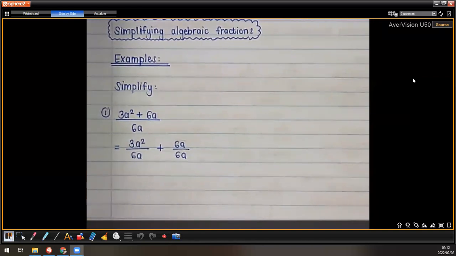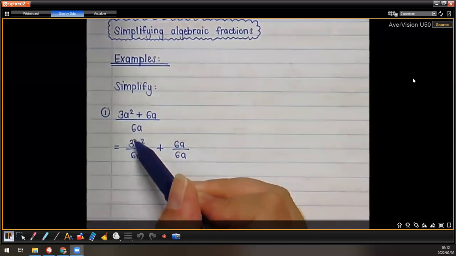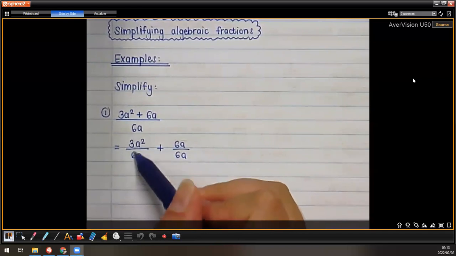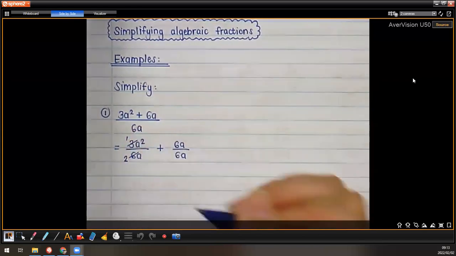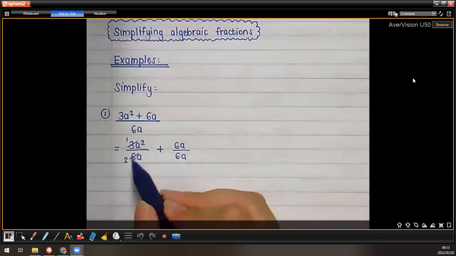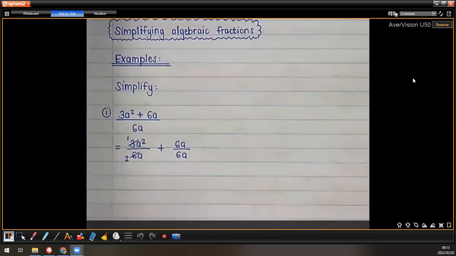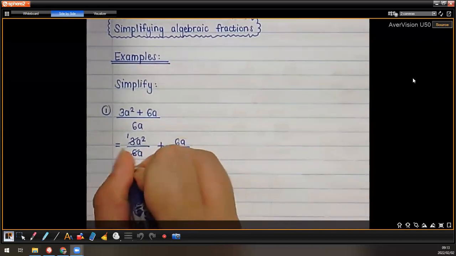And then are we able to simplify these two on their own? What's going to happen with this first fraction? 3 over 6. 3 goes into the top once, and how many times into 6? Twice, okay? So we're going to have a 2 at the bottom of that fraction. Basically, it's a half. And a squared divided by a is going to be a.